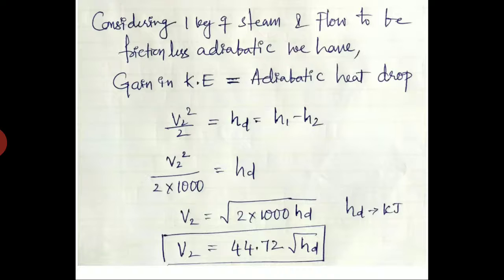So on the left hand side I'm converting this term to kg, and that's why I wrote 1000 here, 2 into 1000. Got it? So here also kilojoules per kg; here kg is there, here kg is there. Somewhere I have balanced the units here.